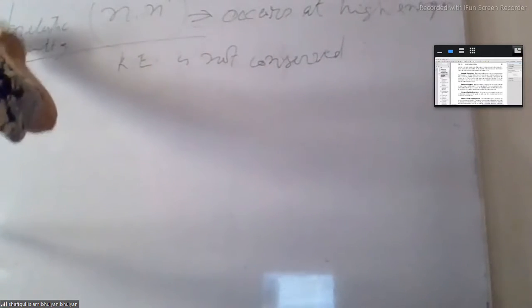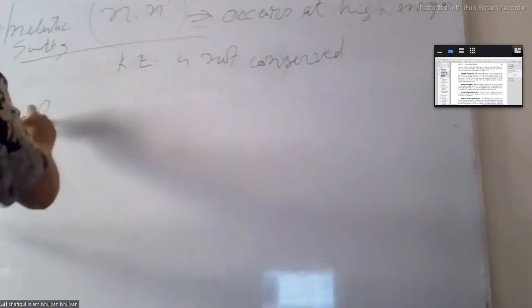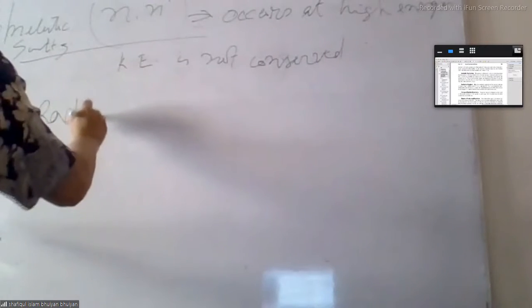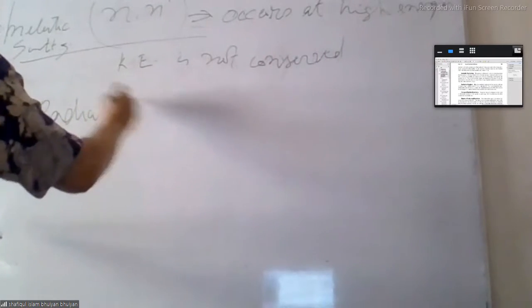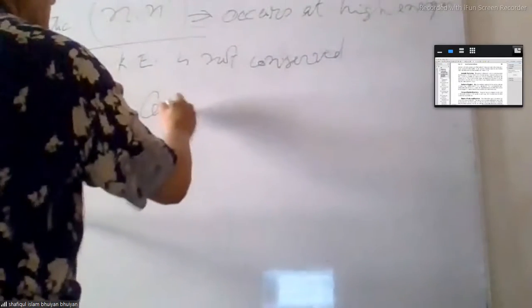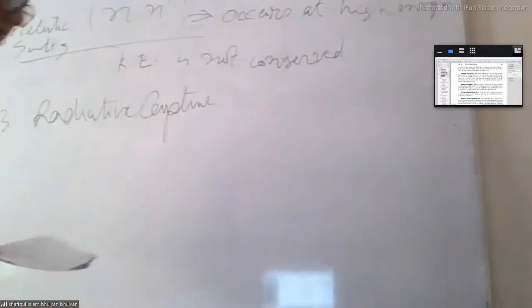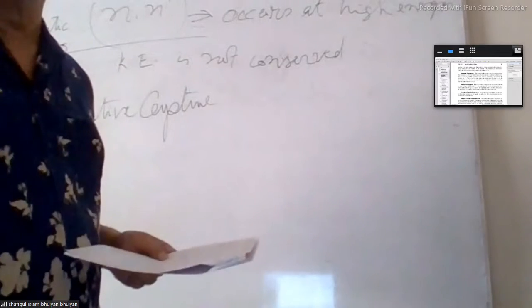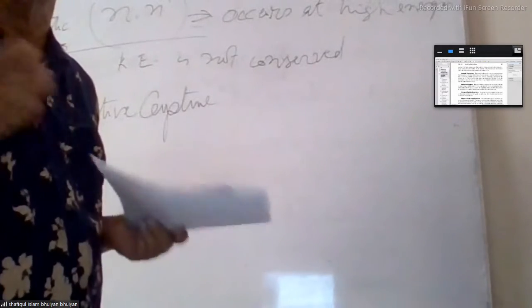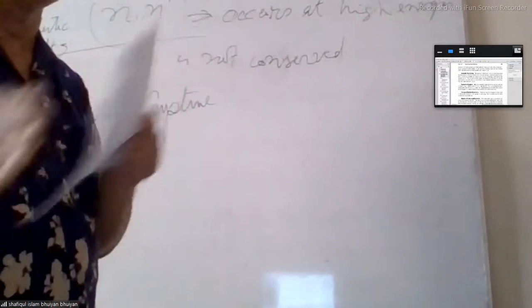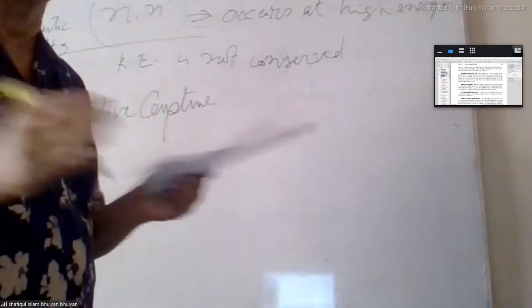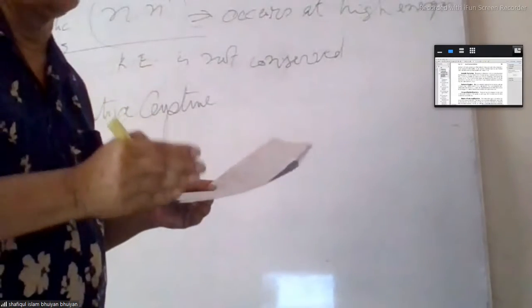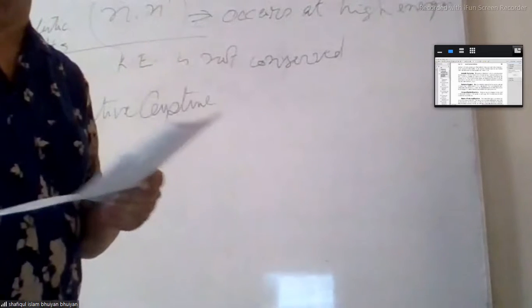And then we have radiative capture. This was number 2; number 3 is radiative capture. Radiative capture means that the neutron comes and is absorbed, and gamma radiation goes out. So if we divide reactions into two general types, in one the neutron is absorbed and in the other the neutron is not absorbed.